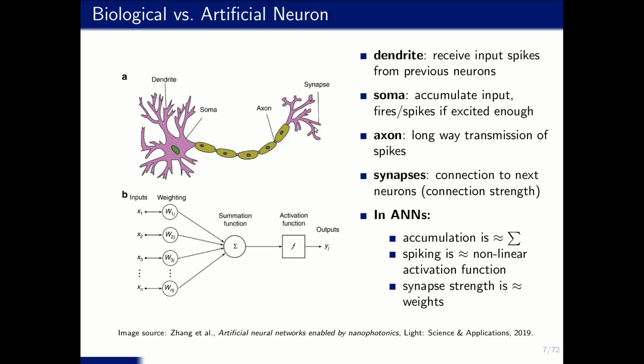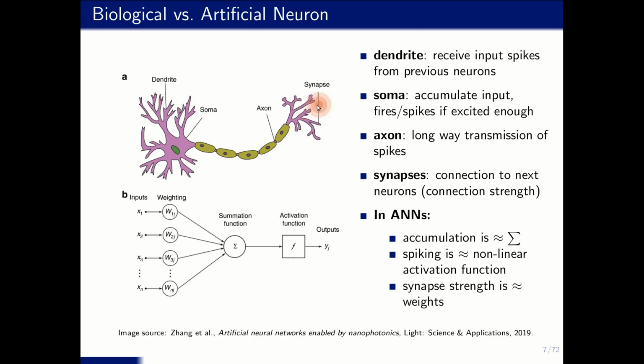In artificial neurons, this behavior is mimicked in a very coarse way. Instead of a soma, we have simply a summation function. And instead of spikes, we just send real numbers, so a continuous relaxation, essentially. The weighting corresponds to the synapses, so synapses have adaptable weights.